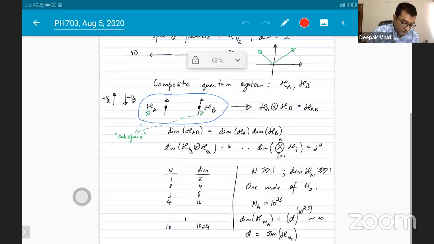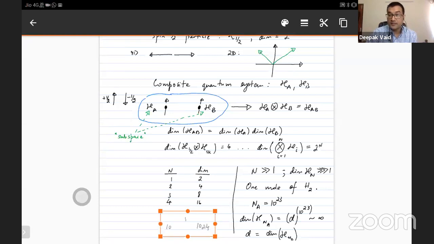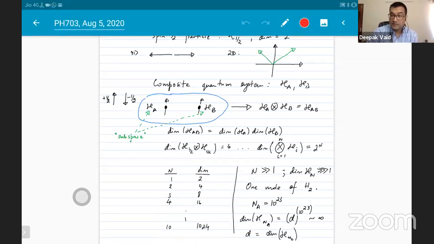So we have this concept that if you start from a discrete quantum system and you consider a larger system made up of several discrete systems, the dimensionality of your Hilbert space increases very rapidly. Even something as small as 10 spin 1/2 particles has a Hilbert space dimensionality of 1024.